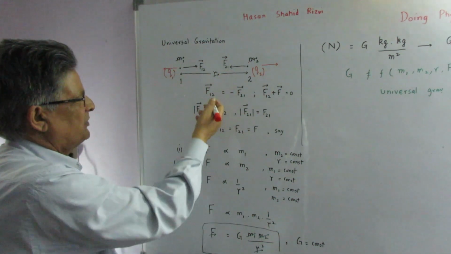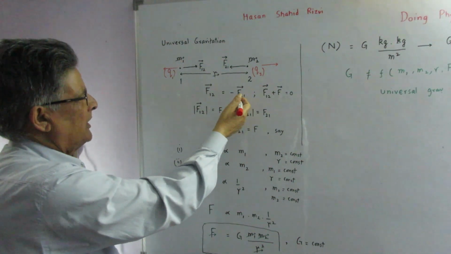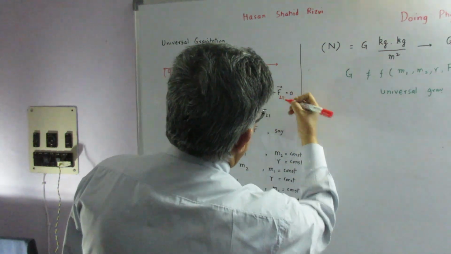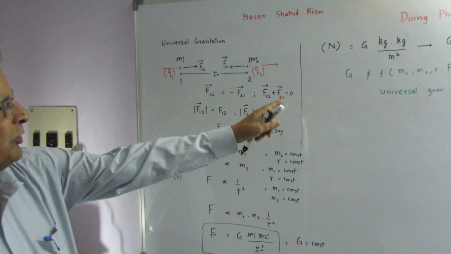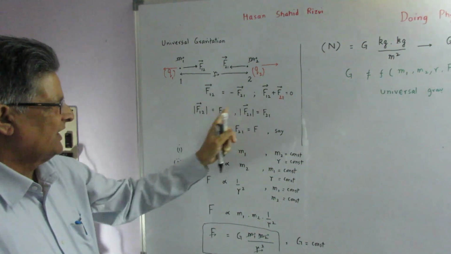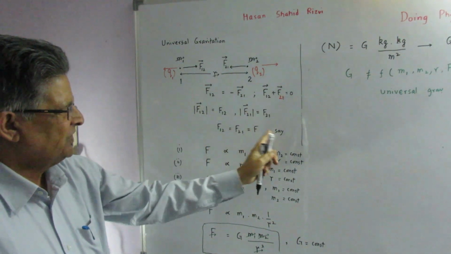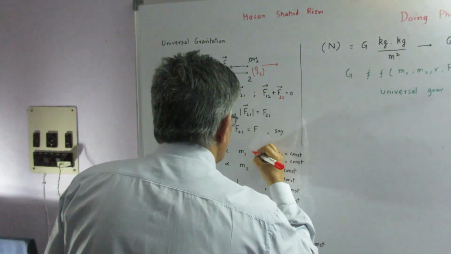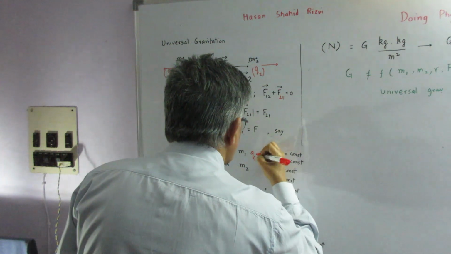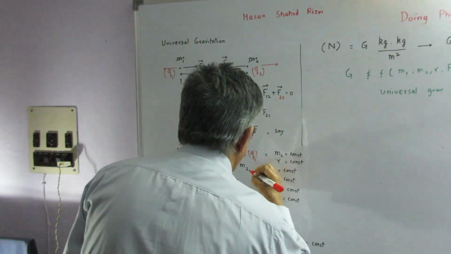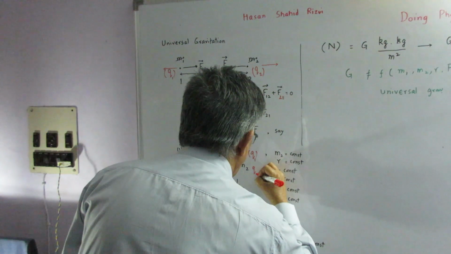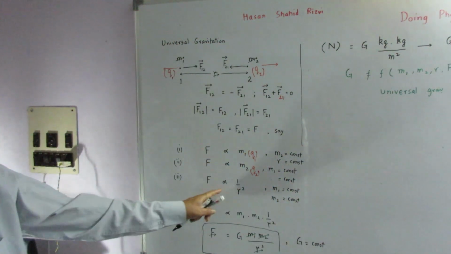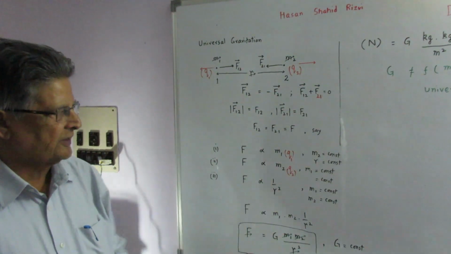In both cases this will turn out to be F12 and F21, and F12 plus F21 is equal to 0. And of course what we do is that I will write here the value of the charge, the charge Q2, and this inverse square.